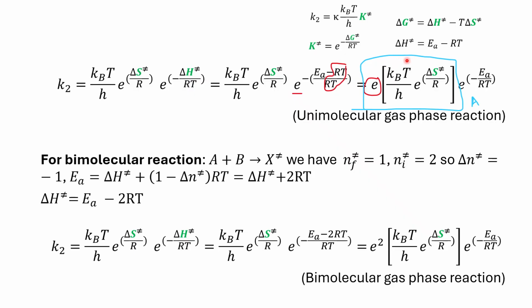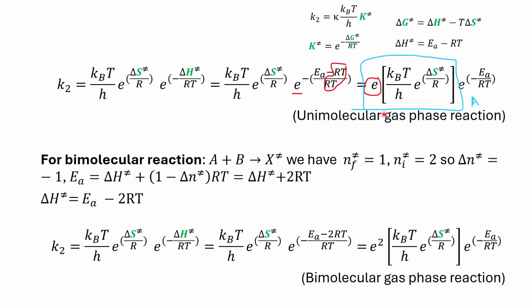Therefore, the delta H for the activated complex equals the activation energy minus RT. Substituting this into the equation of the rate constant, we get this expression. We substitute the delta H with Ea minus RT, then we have to do some mathematics to solve it.